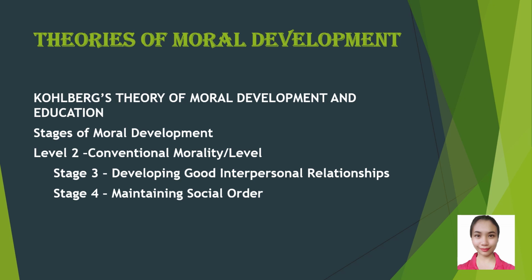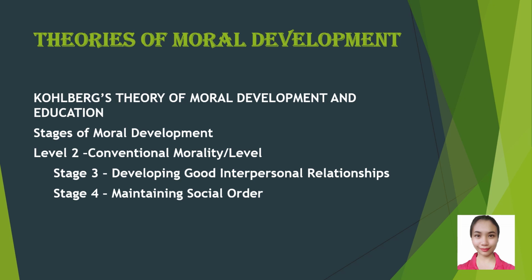So like in level 1, meron din itong 2 sub-stages. So when we say conventional morality class, moral reasoning is based on the conventions or norms of society. So parang they act according in their society or according in their culture na pinapaniwalaan nila.